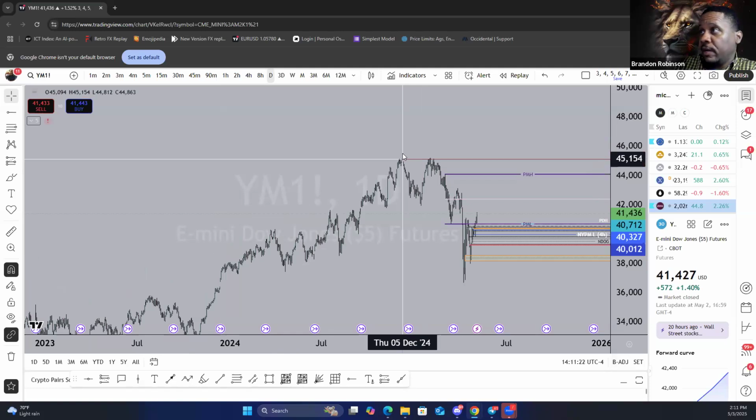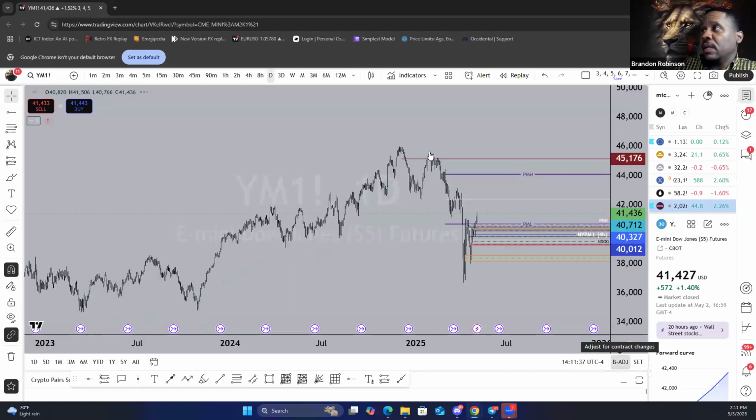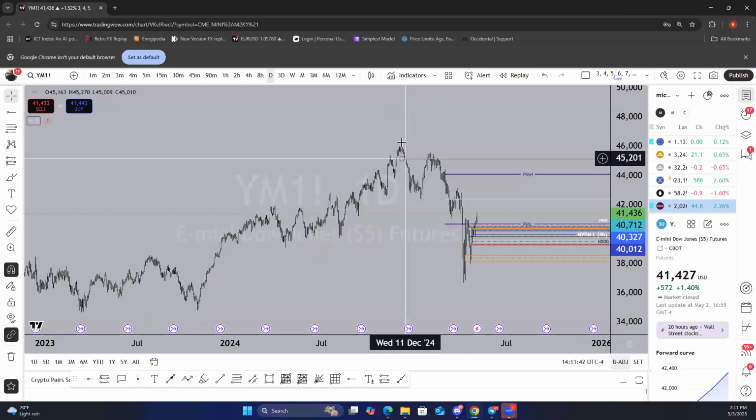If I have back adjust off, then right here I can see that we took this high, so we took all the stop losses. This is where price was in December 2024. When I put back adjust on, it pushes that historical price way up here, and it looks like we never took that high.